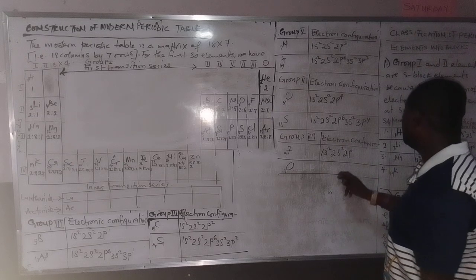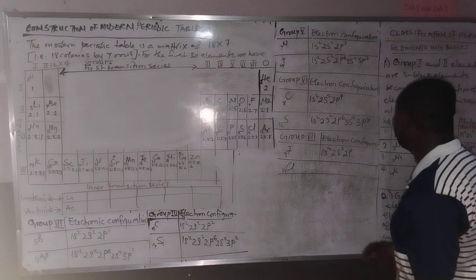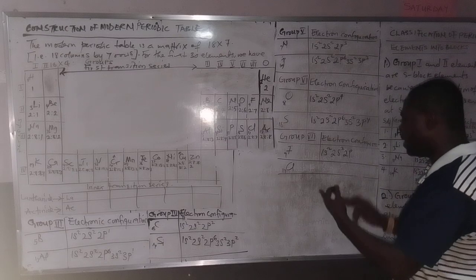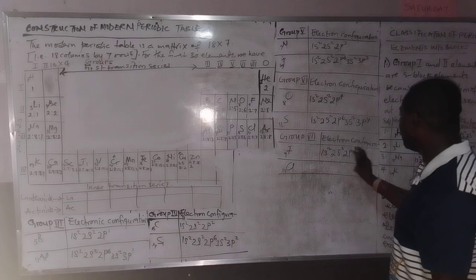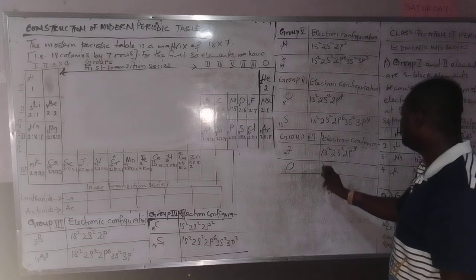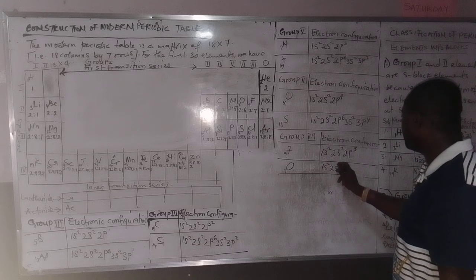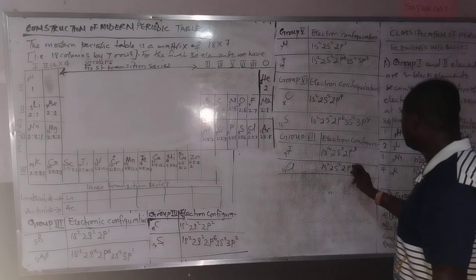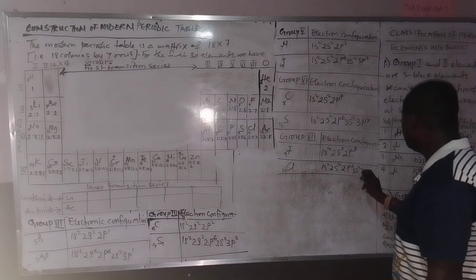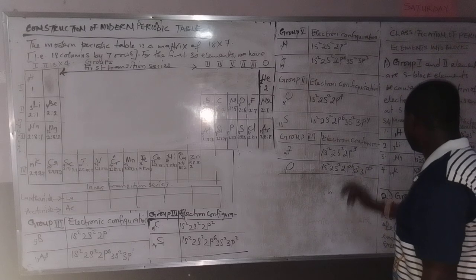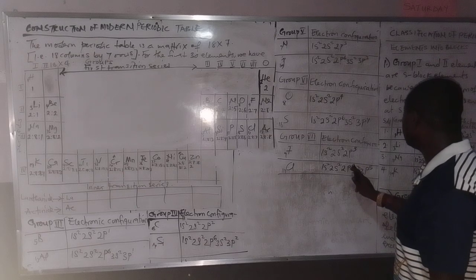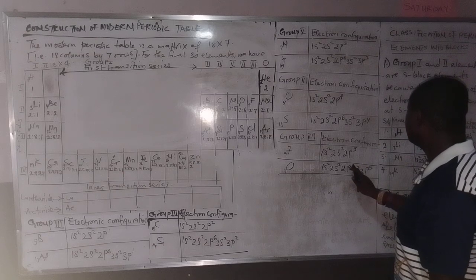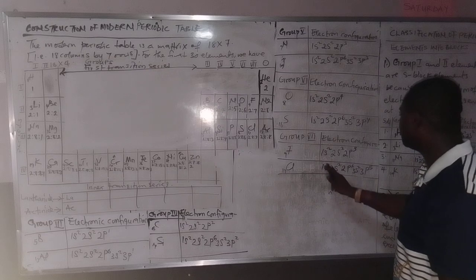To make it 9, what do I need to add to 4? 4, 5, 6, 7, 8, 9. That's 5. 2p5. Then chlorine, this is 1s2, 2s2, 2p6, 3s2, 3p5. So I have 5, 7, 7 plus 6, that's 13, 14, 15, 16, 17.